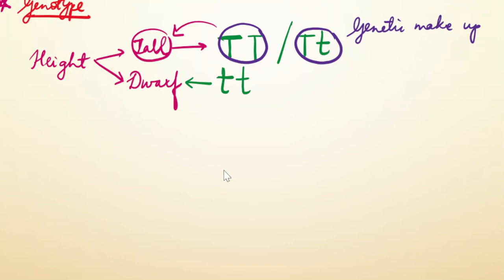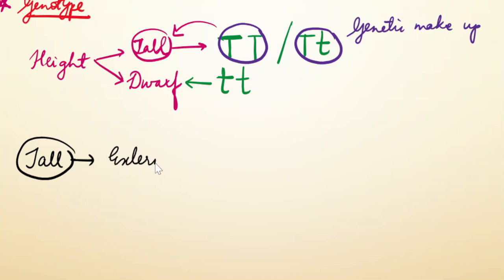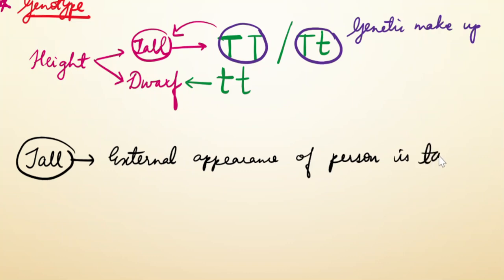But what if I say that there is a person who is very tall? I am expressing its morphology, how the external appearance of that person is. I am saying that the external appearance of the person is tall. So this appearance is known as phenotype.